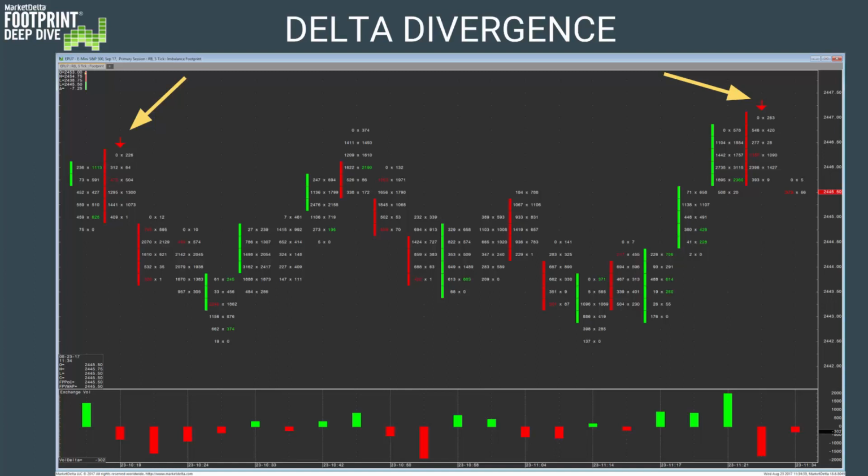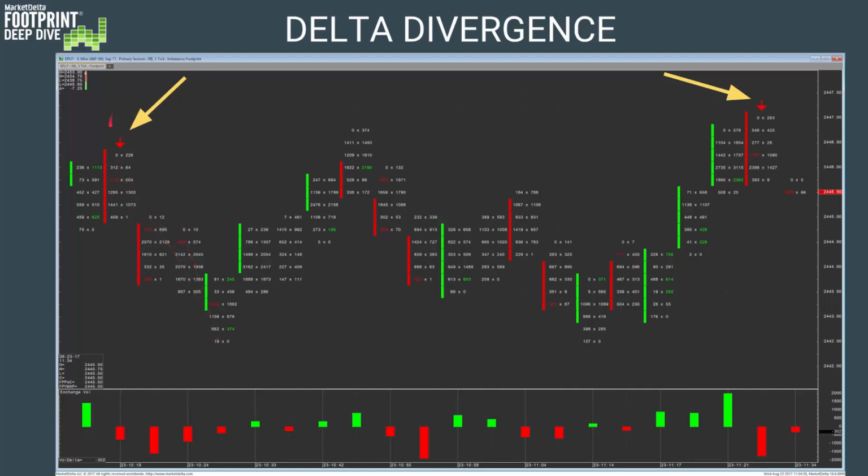And so it's a pretty reliable near-term reversal signal. And you could see what we got. The market pulled back about 4 or 5 points, and it was a nice little trade or rotation down.